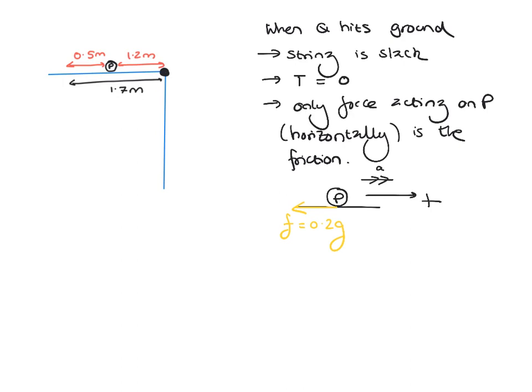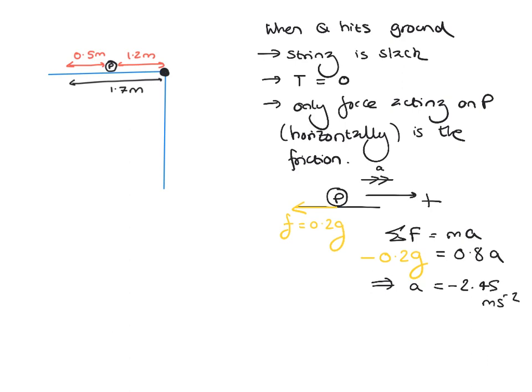And we're going to work out this new acceleration once Q has hit the ground. So F equals ma, we've taken going to the right as positive, so the resultant force is essentially this frictional force, which is negative 0.2g. That's equal to the mass of P, which is 0.8, multiplied by this new value of the acceleration, which comes to negative 2.45 meters per second squared.